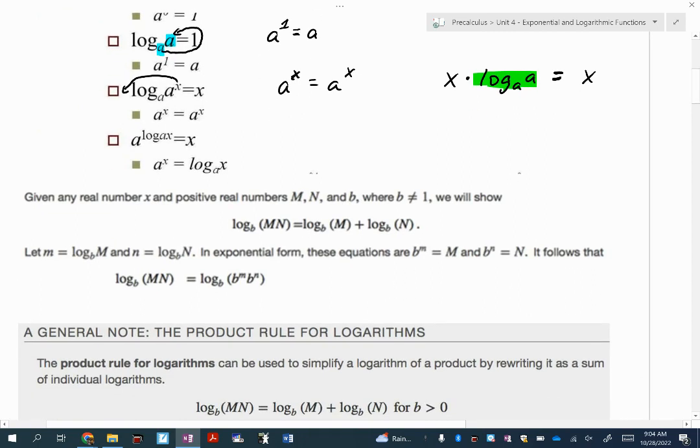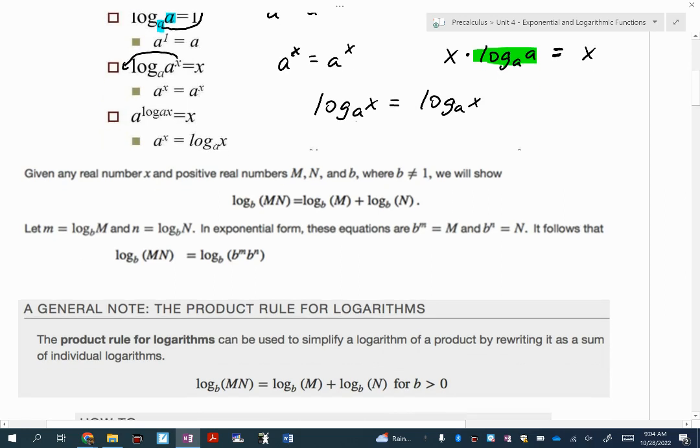Okay, let's look at the next one. This next one's a little tricky. Let me write something to help. If I write the log base a of x equals the log base a of x, this is just using a property you learned probably in middle school called the reflexive property, that they are the same.